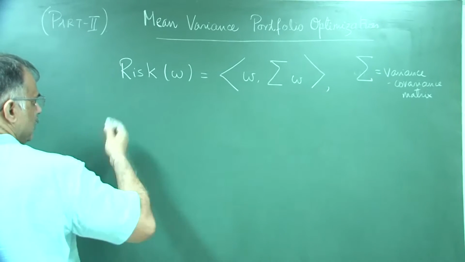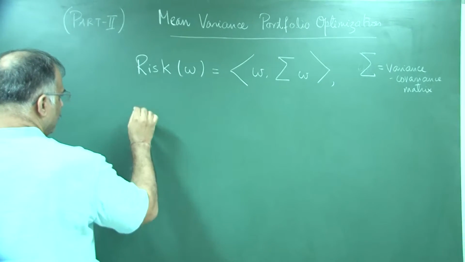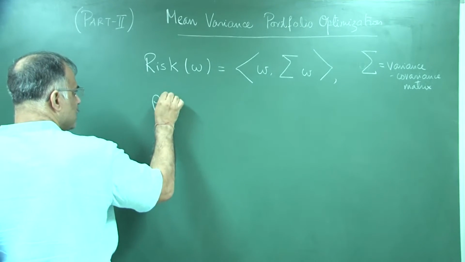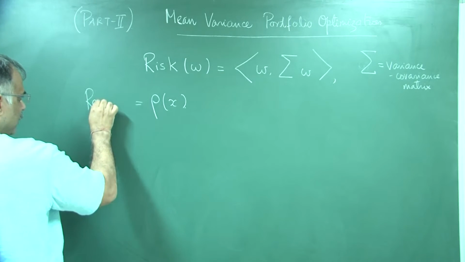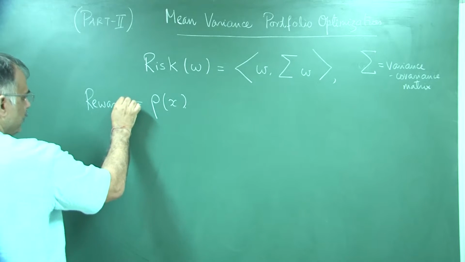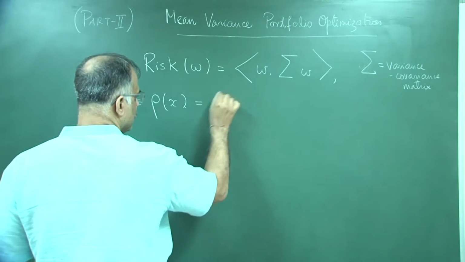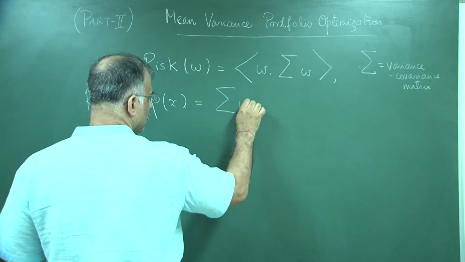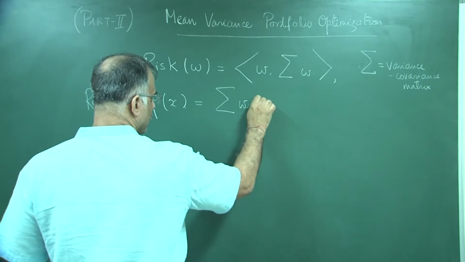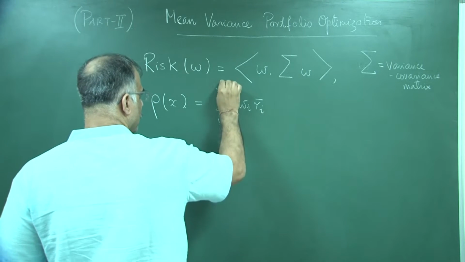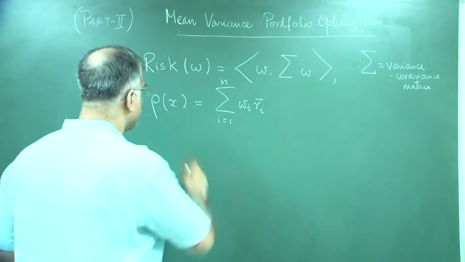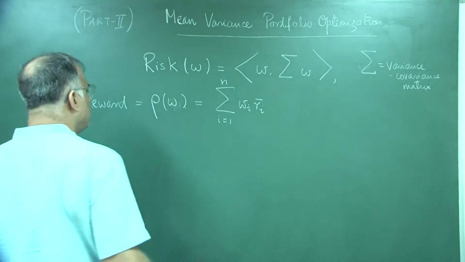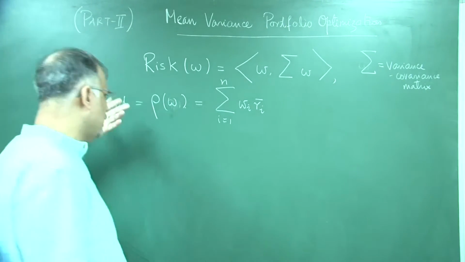And the reward that is associated with the choice of W, which we will symbolize as rho of W, we will call reward. This is what you expect to get, the expected return, nothing else. It is the summation of Wi Ri bar. Often, for the sake of convenience, rho of W is also written as R bar.